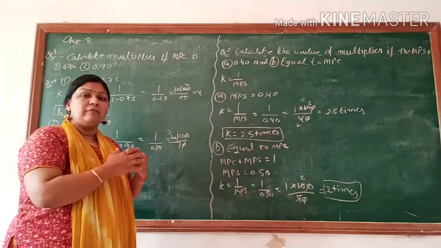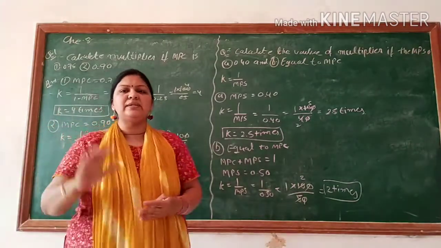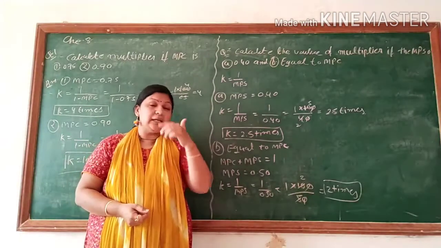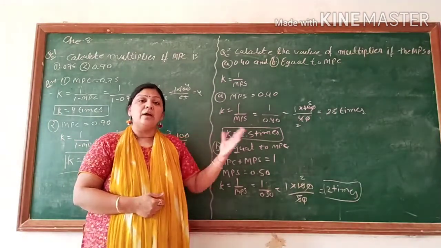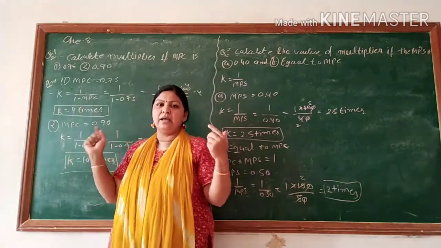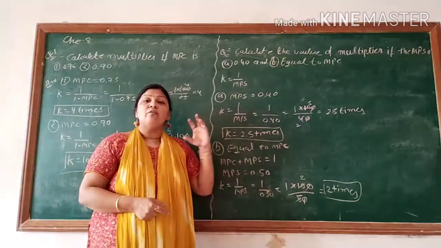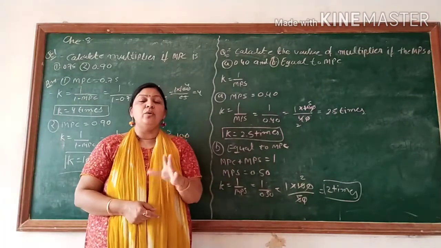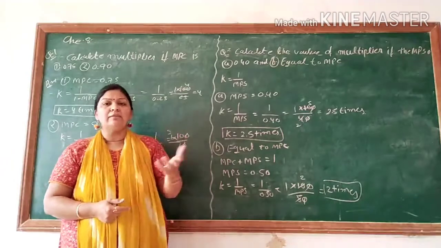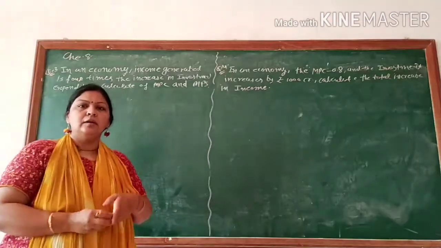With the help of the MPC and MPS, we find out the value of multiplier. Listen students, every thing has its own different formulas. K equal to 1 upon 1 minus MPC is also used, as we saw here, and 1 upon MPS is also used. So whatever data is given to you, you just put the formula according to the given data in the questions.